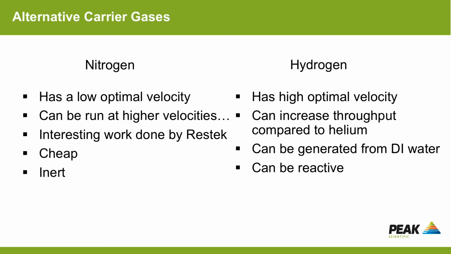It can also be generated from deionized water using a generator, so it can be safely produced, but it is a reactive gas, so it can also react with your samples.